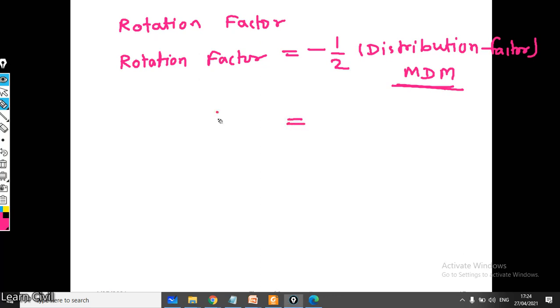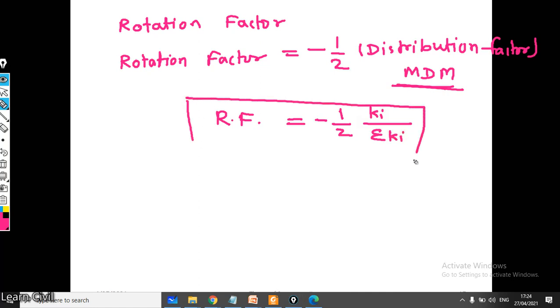This distribution factor is the same as we calculated in the moment distribution method. Therefore this rotation factor RF is equal to minus half, and the distribution factor is calculated by small ki divided by summation of Ki. This is the equation used for calculating the rotation factor.